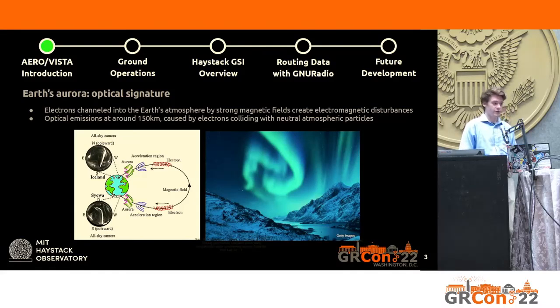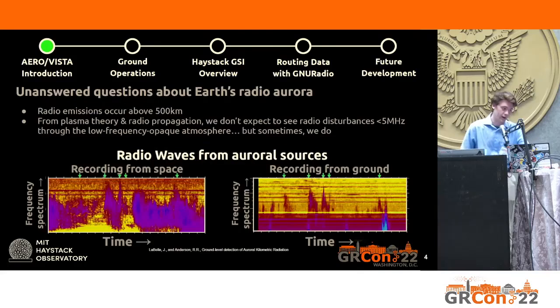This is around 150 kilometers altitude, but if you go up to around 500 kilometers altitude, you'll actually find a radio aurora. So this is interesting, right? Not as many people are familiar with this as the pretty northern lights, but it's just as real. And we can detect it from the ground on occasion.